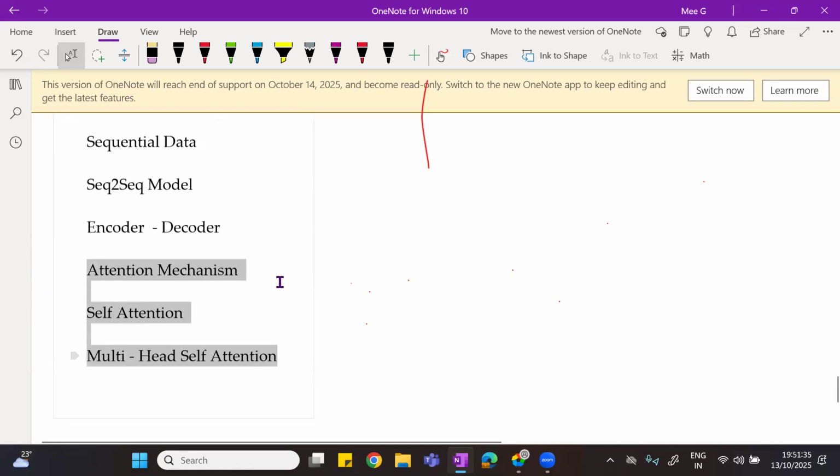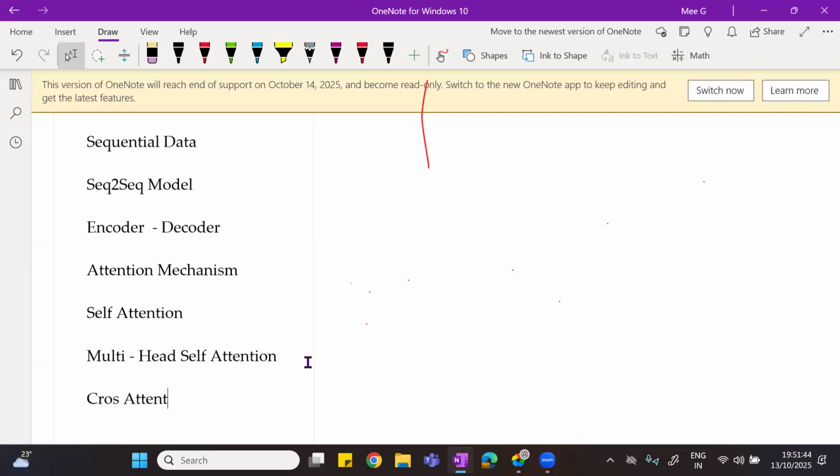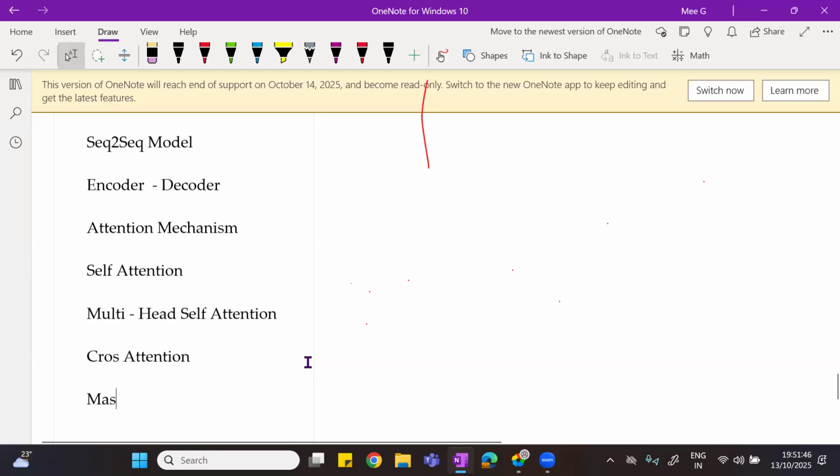These concepts, especially these, are very, very important. And I will tell you why it is so important as we move forward. There is cross attention, masked multi-head attention.